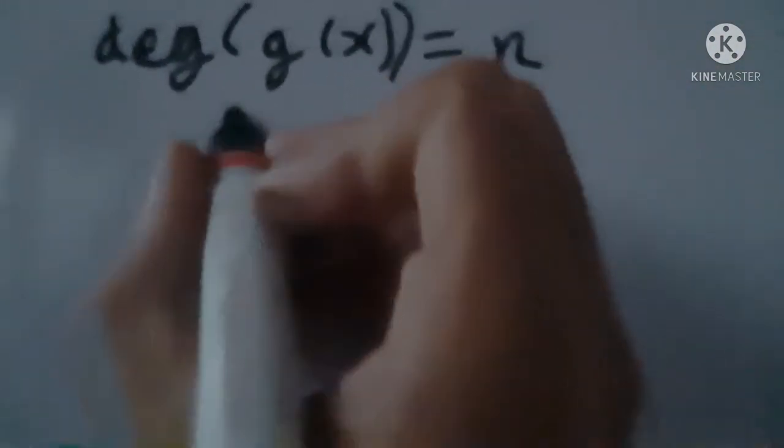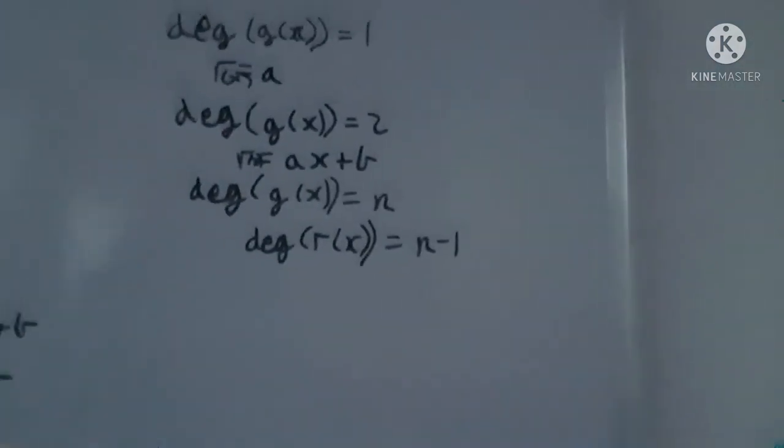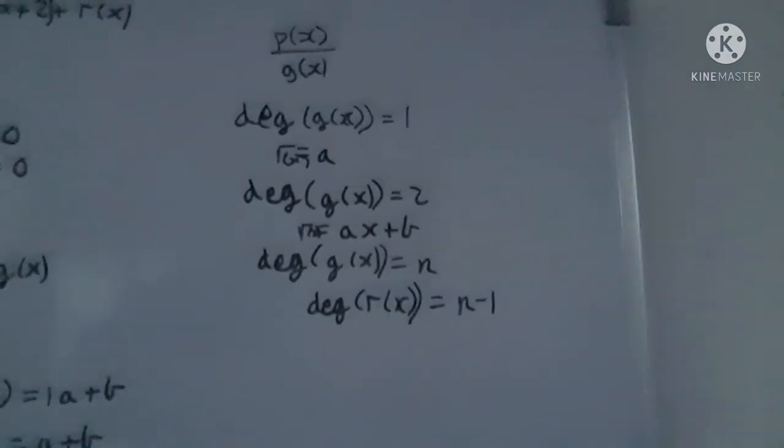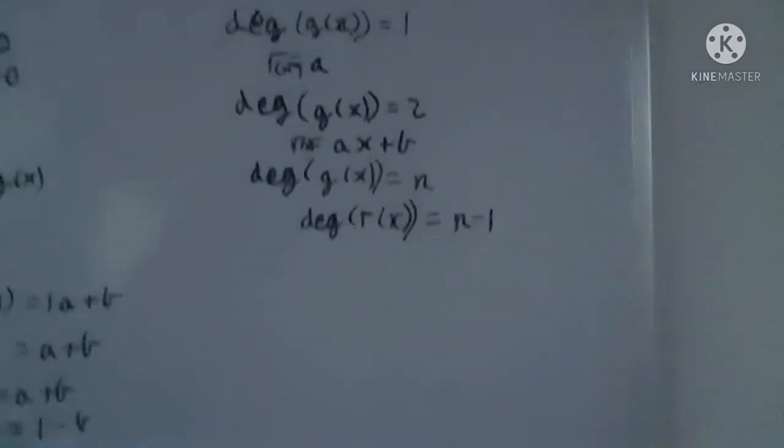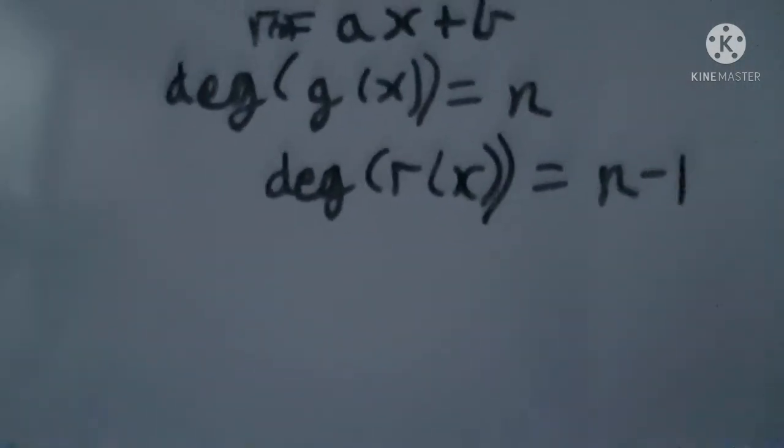So the degree of r of x is going to be n minus 1. That's pretty good. That's like an expansion of the remainder theorem, if you've been learning that in school.